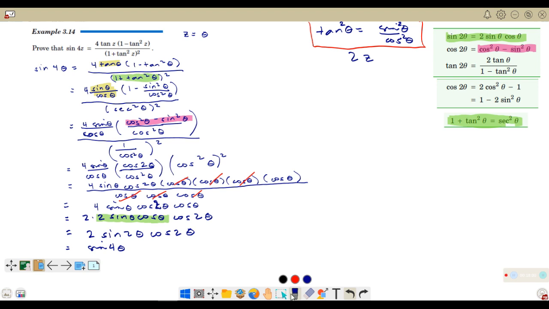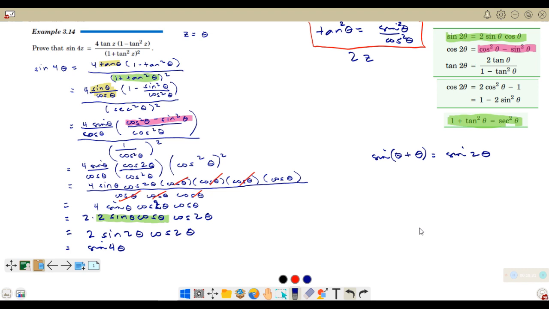Meron tayong idea that sine theta plus theta is equal to sine 2 theta. Tama? So, ito yung idea na gagamitin natin to make our equation be equal to sine 4 theta.